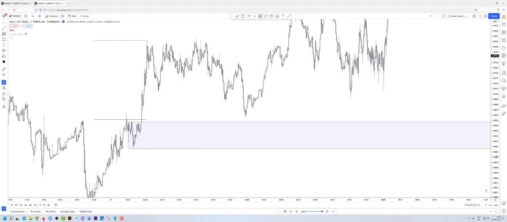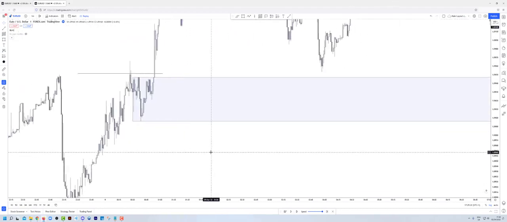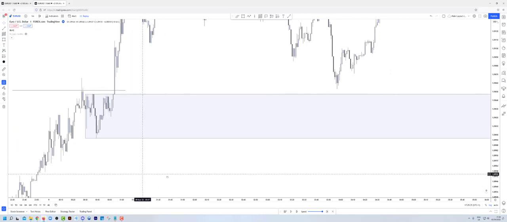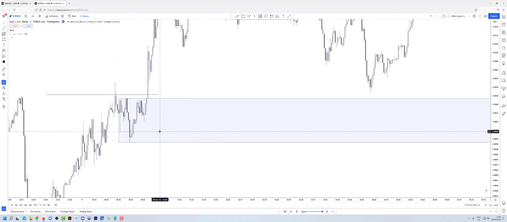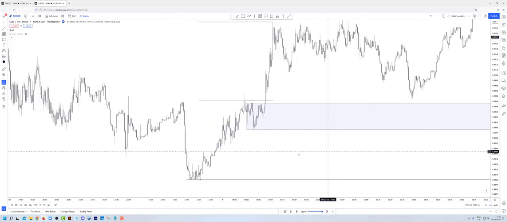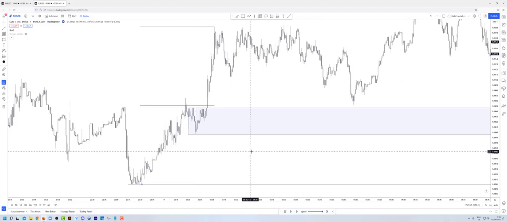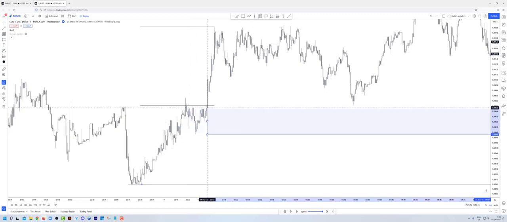And as you can see, the first area in this discount is this one. So again, it's also within a 1 minute discount leg. So again, refining down, and then within this you can see we've got a few zones as well.